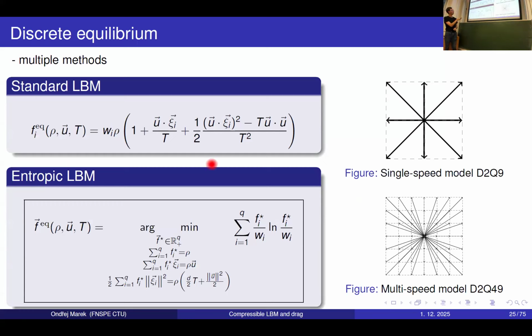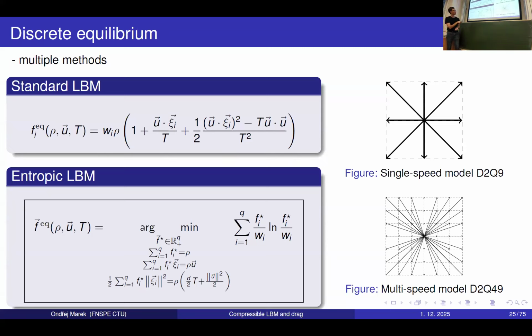And just to note the discrete equilibrium, basically, the first method to approximate the Maxwell-Boltzmann distribution is to use the Hermite polynomial here to the second order. And the Hermite polynomial is used because it best approximates the integrals because of the Hermite quadrature formula.